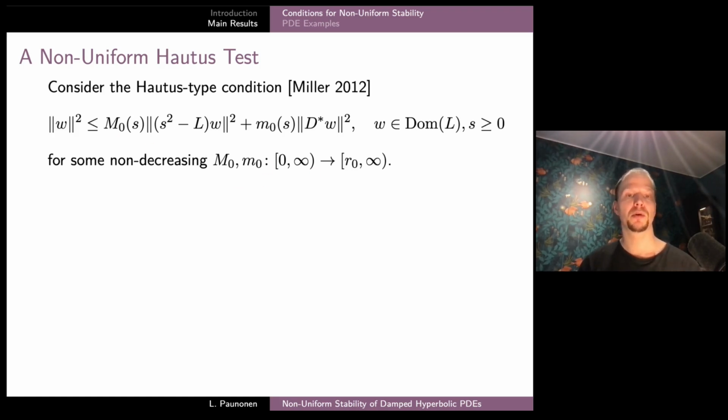The form of this inequality is indeed familiar from classical study of observability, where it's known as a Hautus test type condition, which is often used in testing observability of a pair of operators. The reason why this is a generalized concept is that we allow these two parameters M0 to be in general unbounded functions, and when these are growing we arrive at a generalized form of observability.